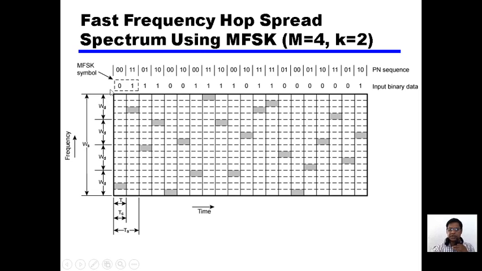Here it is giving the binary information 0, 1, 1, 0, 1, 1. Like that, here m is equal to 4 and k is equal to 2.